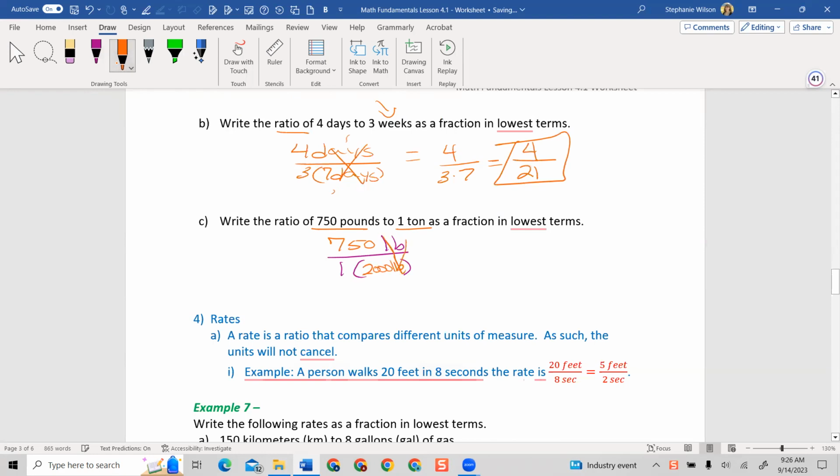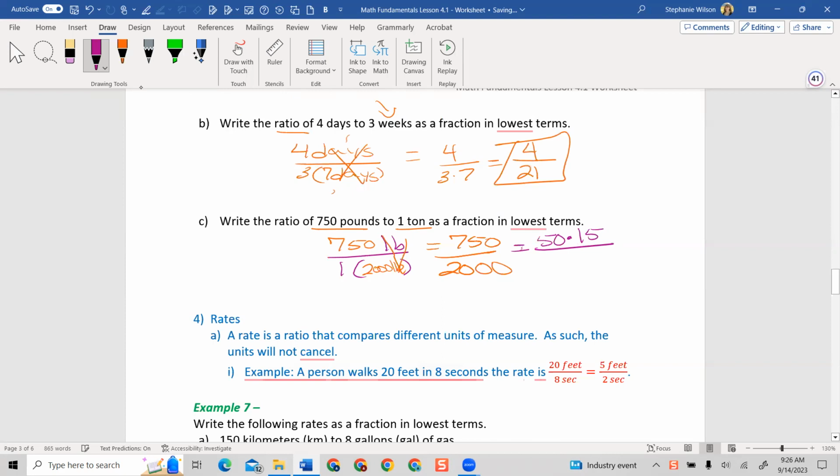My pounds reduce, and now I'm left with 750 over 2,000. Now, I want to reduce this because they both end in zeros. I could start with 5, but I also see 50 there. So if I said 750 divided by 50, I know that it went into it 15 times. So it's a multiple of 50 times 15.